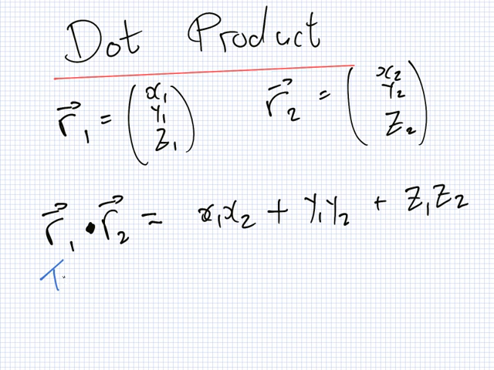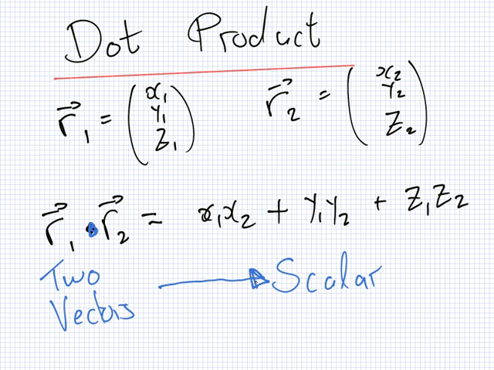On the left we have two vectors, but on the right we don't have any vectors anymore. What do we actually have on the right? A number. Just a number, yeah. So this dot product takes two vectors and gives you a scalar, like this.